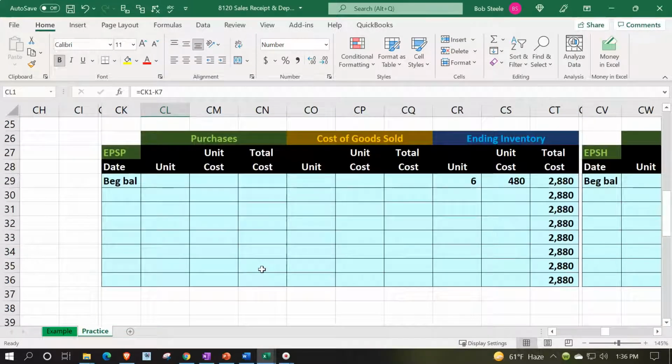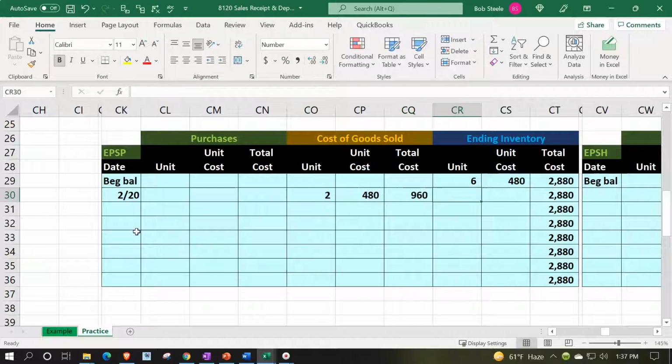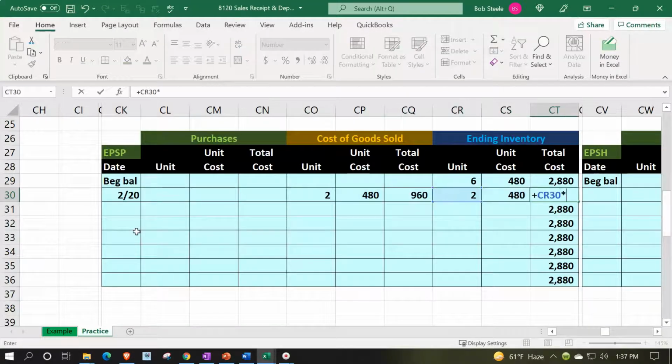We're also going to sell one of these EPSPs. So these are the amounts that you can imagine populating basically the sales receipt that we're putting in place. This is going to be on 2/20. The cost of goods sold for these, we're going to sell 2 of them. They cost $480. The 2 times the 480 gives us the 960. And we'll just pull that over into our ending balances too.